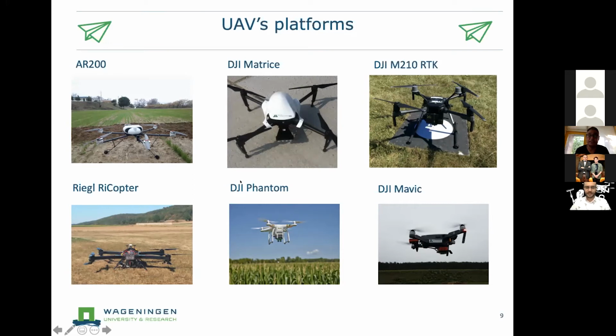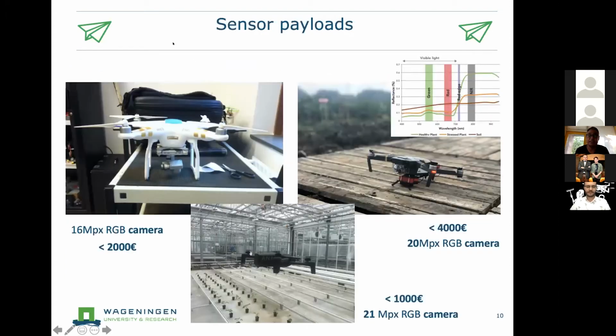The other platforms are ones I'm currently working with, mainly from the brand DJI, so the Matrice M210 RTK, the DJI Phantom, and the DJI Mavic. All these platforms can be shipped with cameras, or most of them already have a camera available.